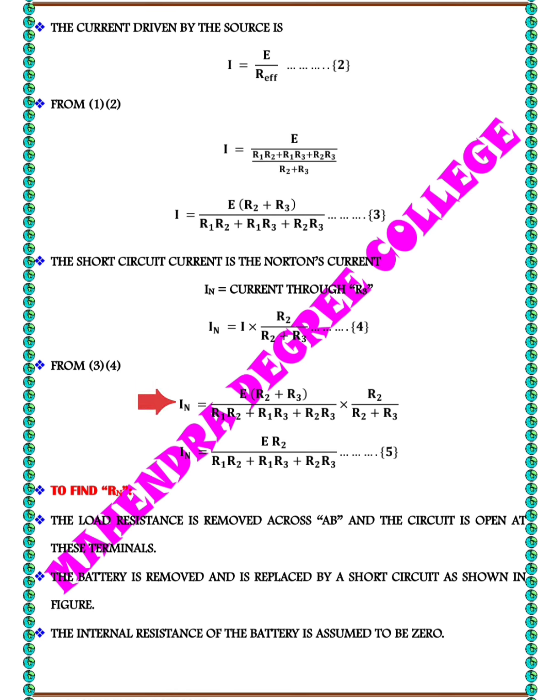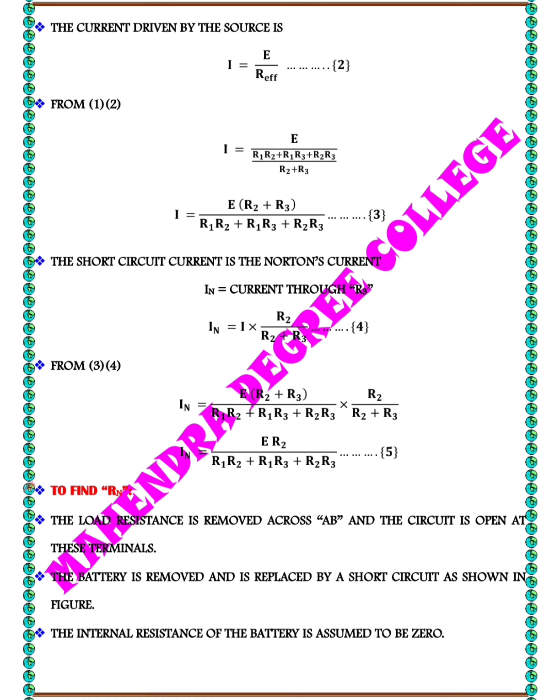We get IN equals E into (R2 plus R3) by (R1 R2 plus R1 R3 plus R2 R3) into R2 by (R2 plus R3), where the numerator term (R2 plus R3) and the denominator (R2 plus R3) are cancelled, remaining the numerator term E. Finally, Norton's current IN equals E R2 by (R1 R2 plus R1 R3 plus R2 R3). This is equation number 5.